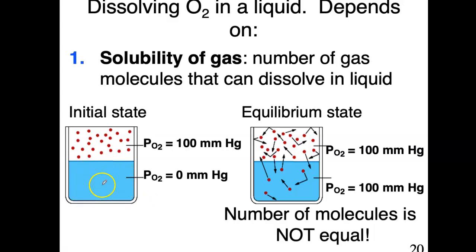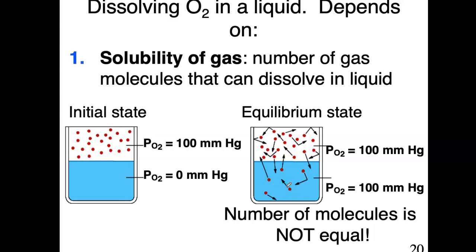We have none of that gas, none of that oxygen dissolved. And now we go to the state of equilibrium after you've let it settle for a while, and you know that it has a certain solubility, and some of that, just from those molecules crashing into each other, will come and become soluble here in this fluid.